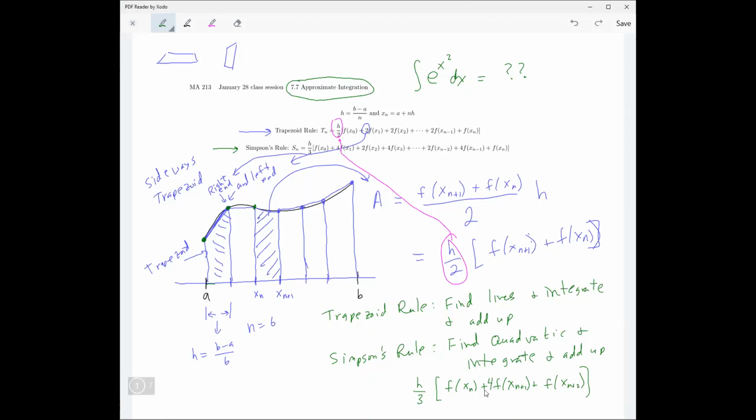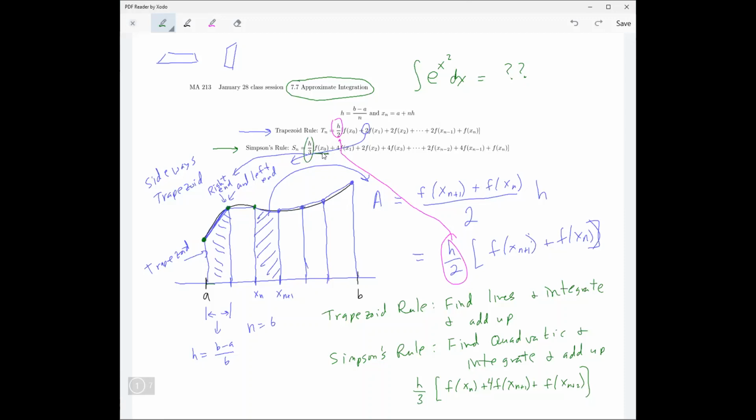It's actually going to be that. That's going to be the integral across that segment. So you don't actually have to find the quadratic. If you were to find the quadratic and integrate, you'd get this. And that's why in the formula here, you have the h over 3.